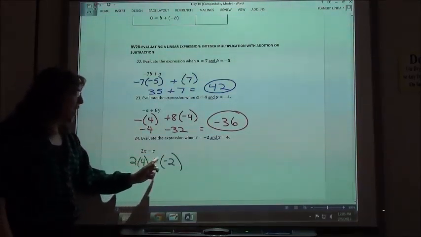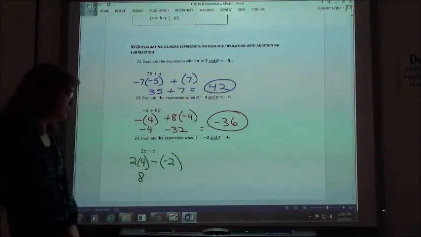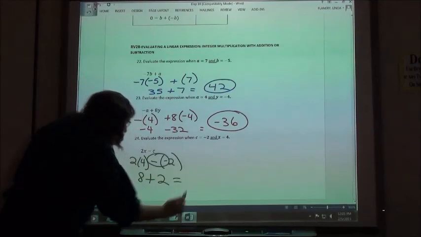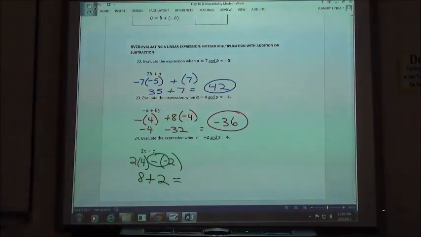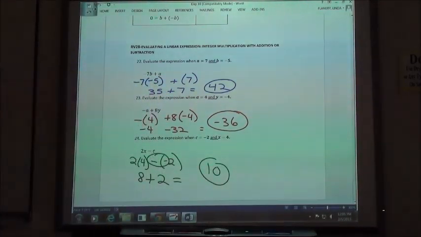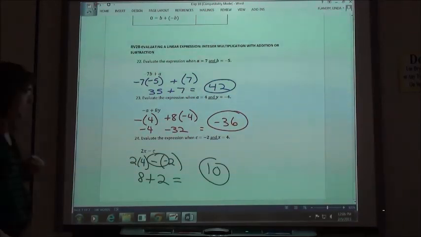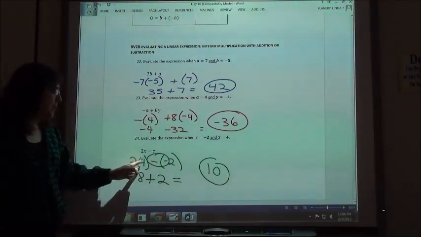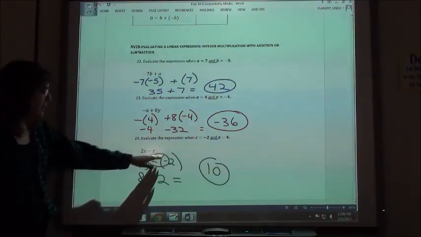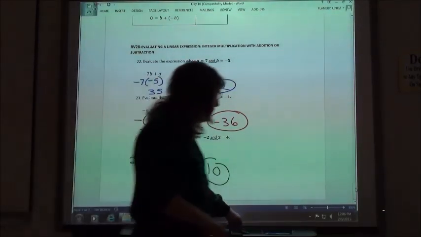When we subtract a negative, we end up adding. So we end up adding 8 plus 2. 8 plus 2 gives me an answer of 10. So 2 times 4 minus a -2 gives me 8 plus 2, which is 10.